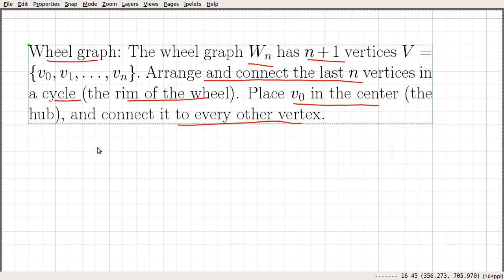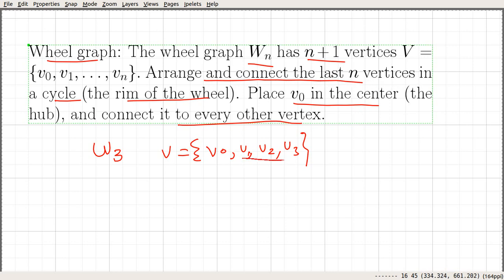For example, let's consider say W3. By definition it has four vertices. So let the vertices be v0, v1, v2, v3. After that, we arrange and connect the last n vertices.